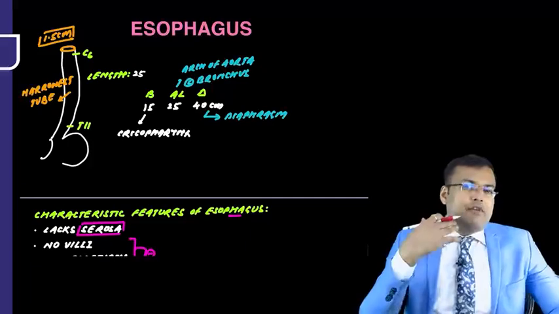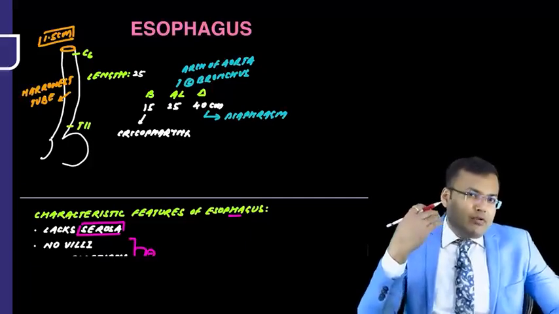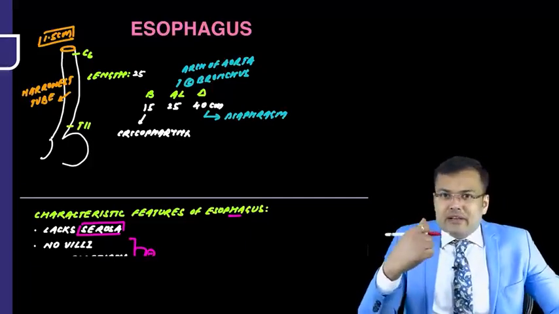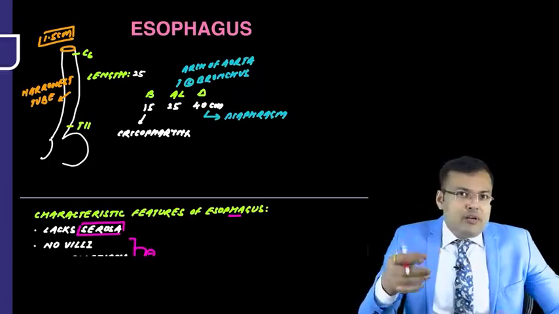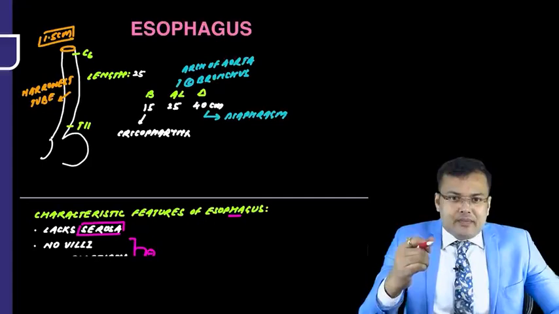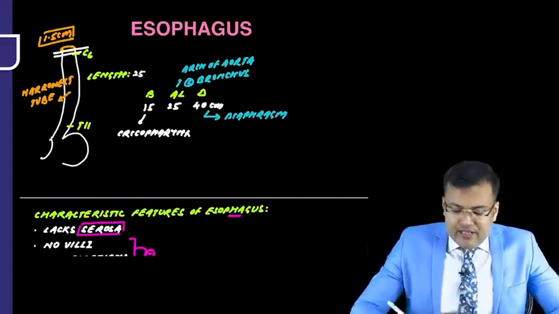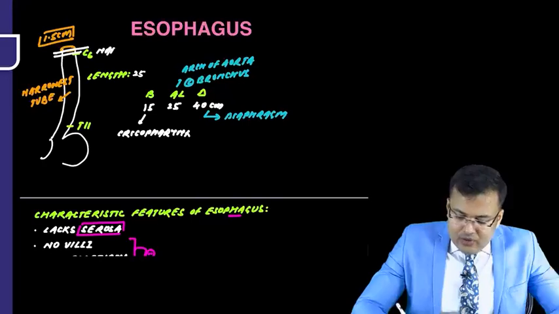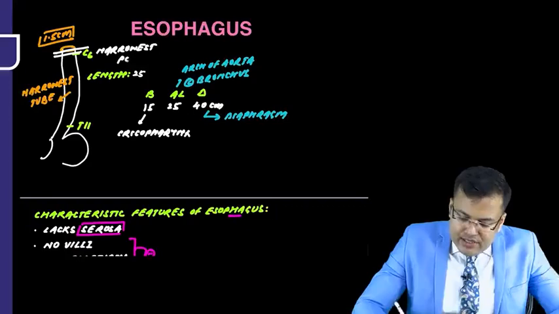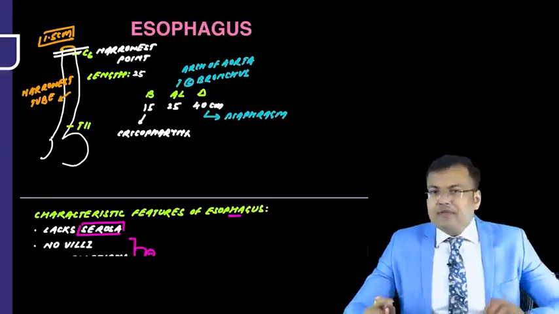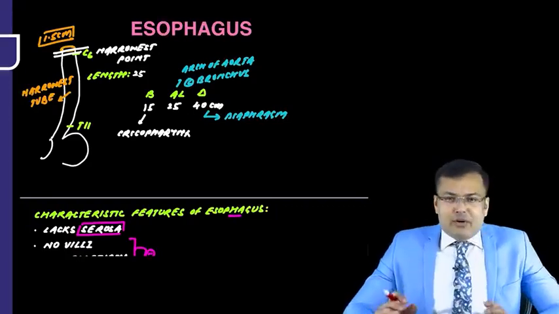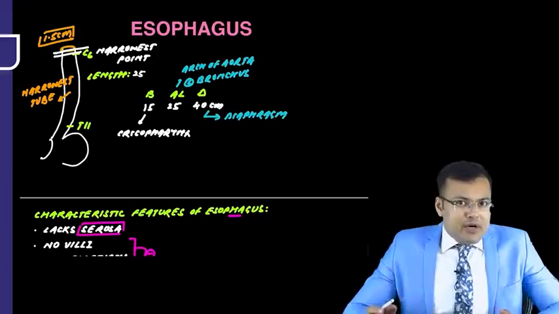It means any foreign body which passes the cricopharynx is excreted in stool. So no need to remove it unless it's a sharp foreign body or a button battery. Since cricopharynx is the narrowest point of GIT, with diameter 1.5 centimeter, any foreign body which crosses it can be observed.